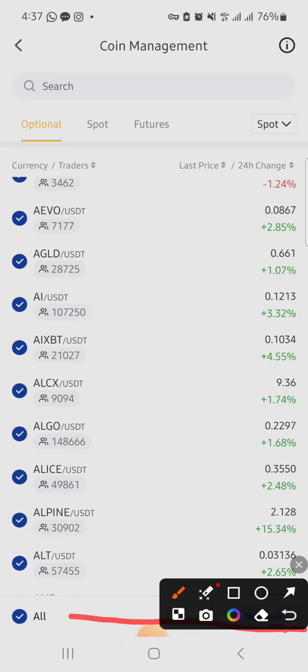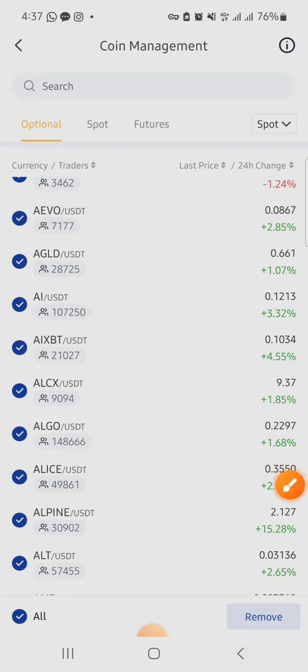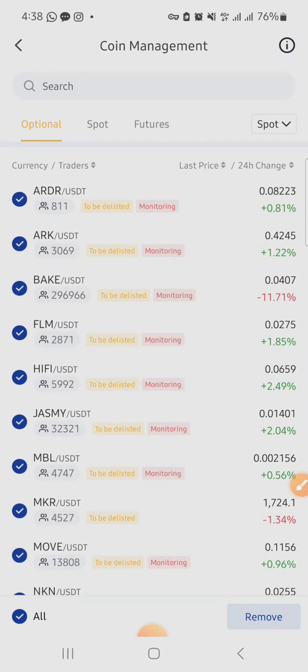Okay, because you've added the coins. But if you have not added the coins, what you will see in this place where you are seeing Remove will be Add. This account has already added all the coins. That's why you are seeing Remove there.